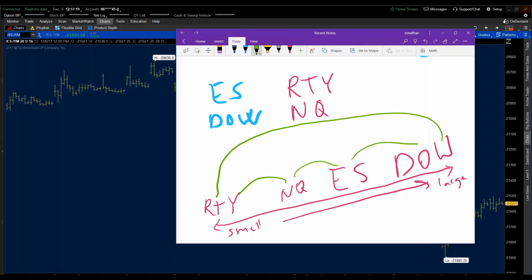So that's just something to keep in mind. If we do analysis between these four and we determine that the Russell is by far the cheapest and the Dow is by far the most expensive, I want you to think back to right now and say, I remember Jonathan saying we should be careful about trading the real little companies in the Russell against the real big companies of the Dow.